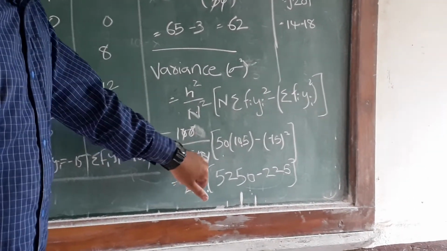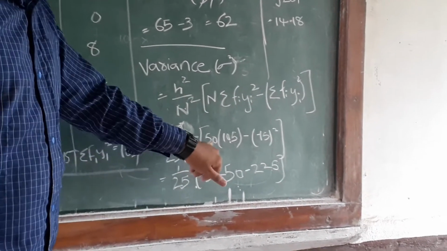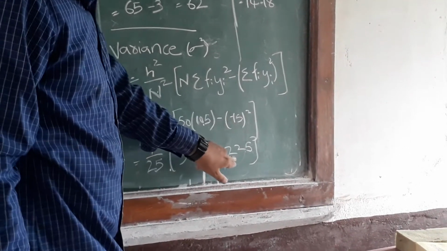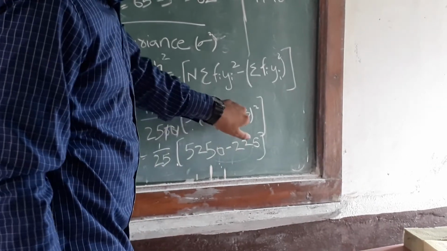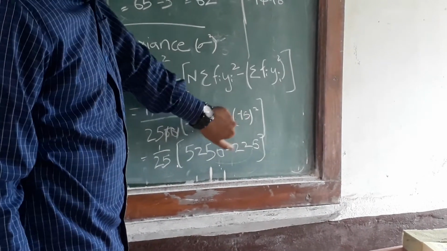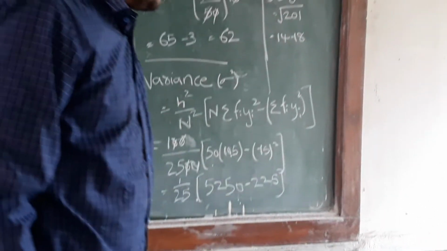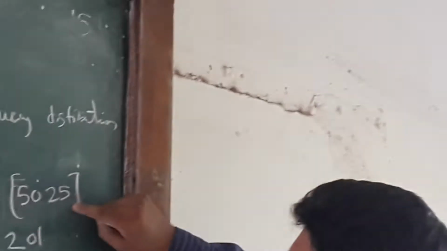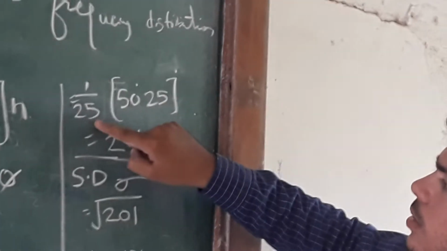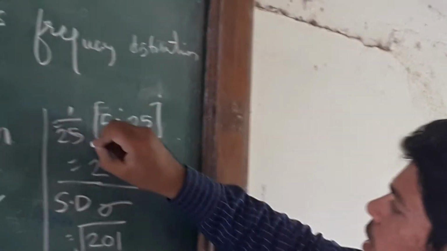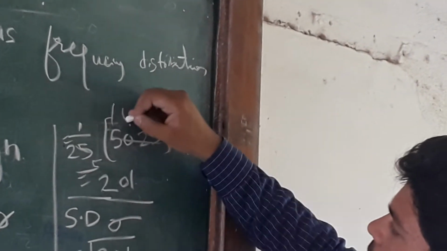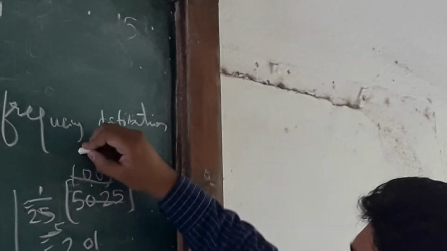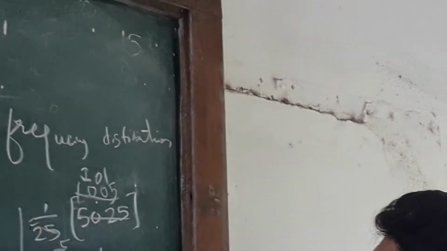So what we can cut, 2 zeros, 2 zeros, 1 by 25 into 50 into 105 is 5250, just you do that, and 15 into 15 is 225. Minus into minus becomes plus, plus into minus again will be minus. So 5250 minus 225 will get 5025, and after cutting with the 5 table, 5 fives are 25, and again if you cut, 201 value we will get here.